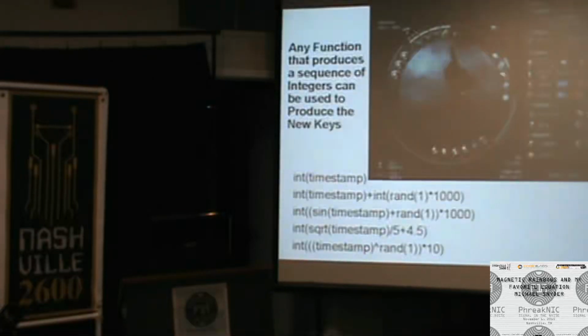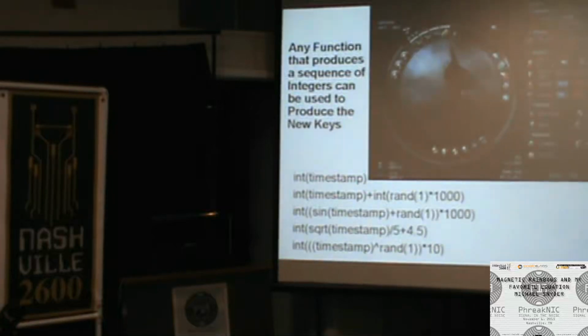For example, if we just take the integer function of the timestamp, we would get the timestamp in seconds, and that's a big long number, and we could use that as XOR key. Now, of course, using the timestamp as a XOR key has a downside that the eavesdropper may try that and figure out what you're doing. But there's other choices.